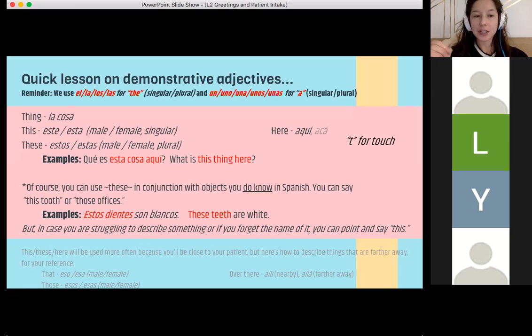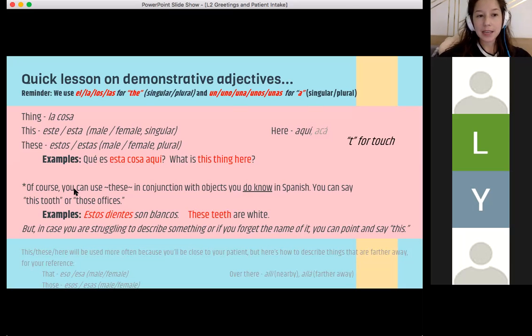T is for touch. So you use este, esta, estos, and estas for things that are close enough for you to touch, versus those other words, they don't have a T in them. They're just eso, esa. They're over there, they're farther away. And we won't use that as much in dental Spanish, because we're talking about things that are in the mouth and in the face and very close by.